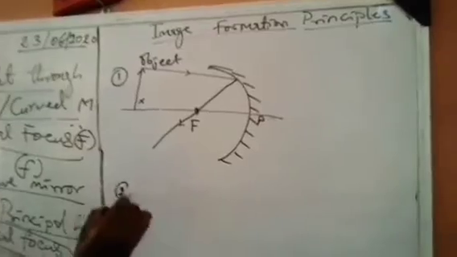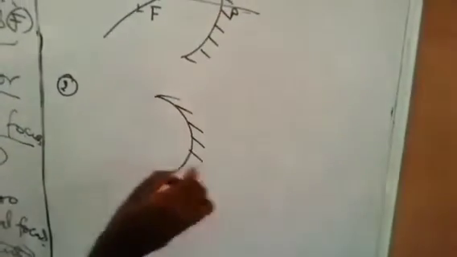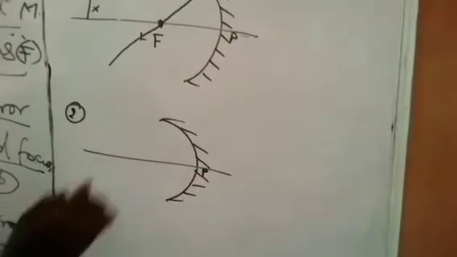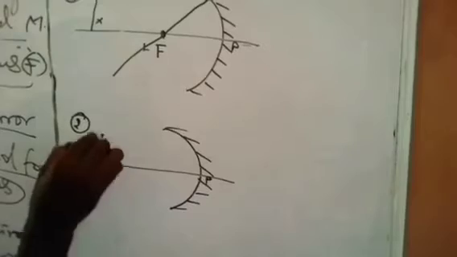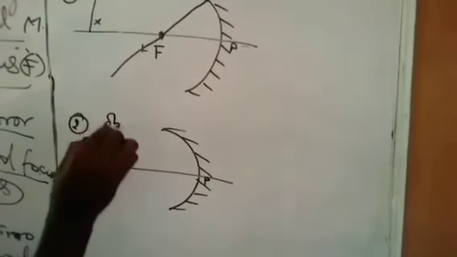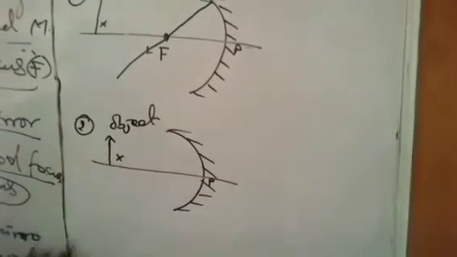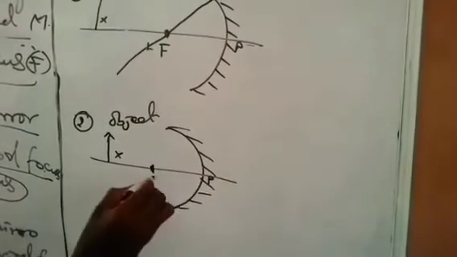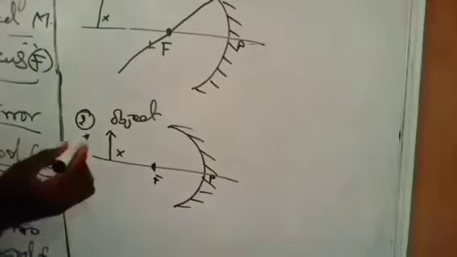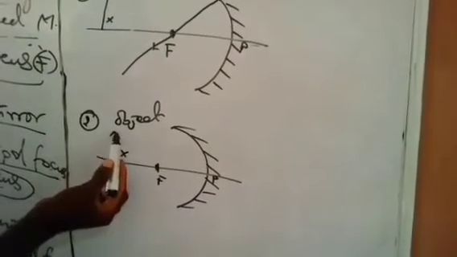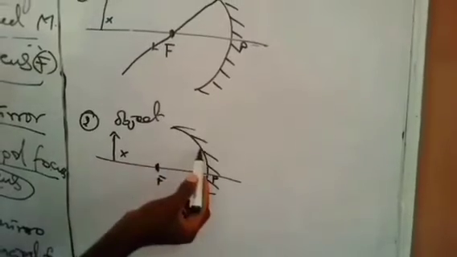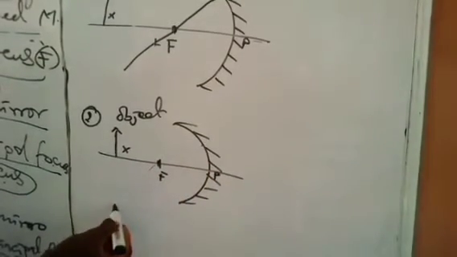Now, case 2 says if we have the concave mirror again, and the principal axis and the pole, and again we place our object here, and then our principal focus F here. You notice that a good number of rays will move straight to the mirror and reflect through the principal focus.